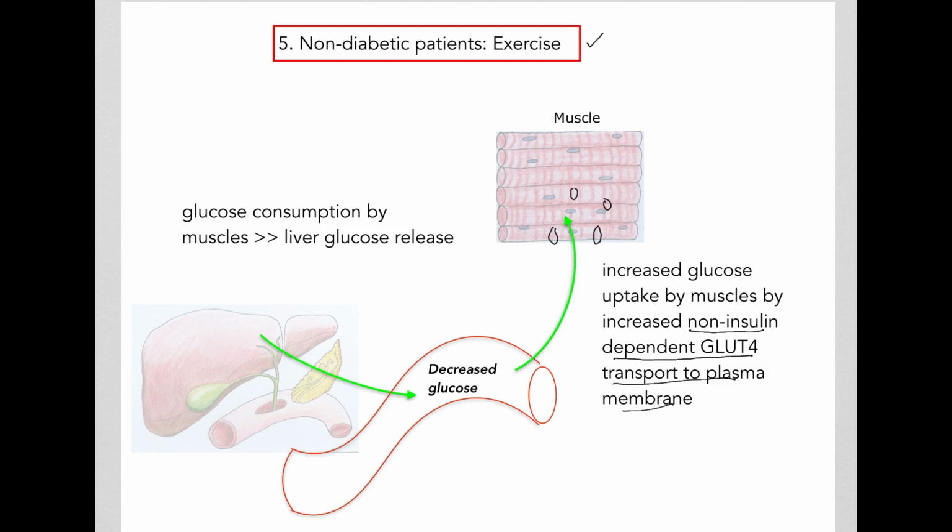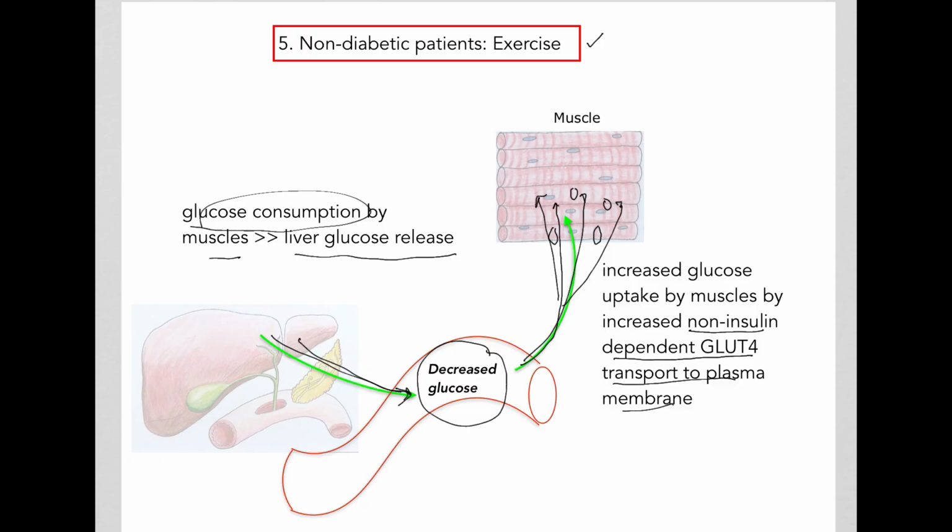And more GLUT4 means more and more glucose can enter the muscle cells, so much so that this consumption of glucose by the muscle cells exceeds the release of glucose by the liver. So more and more glucose is entering muscles compared to release by the liver, and that's going to cause decreased glucose or hypoglycemia.